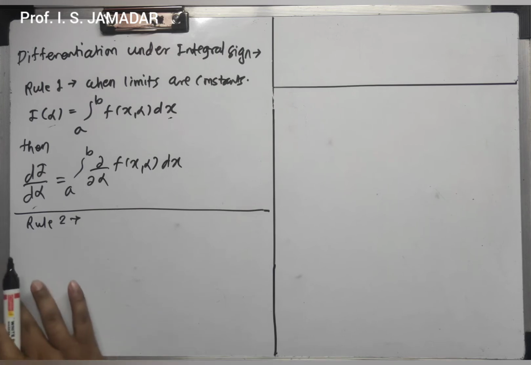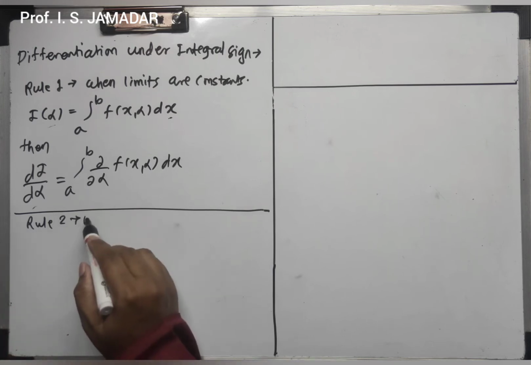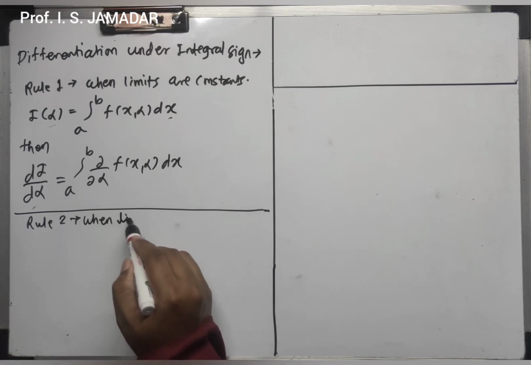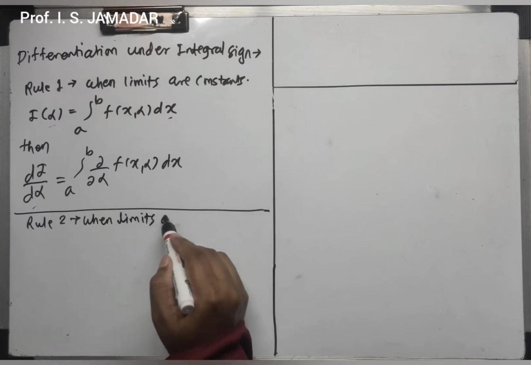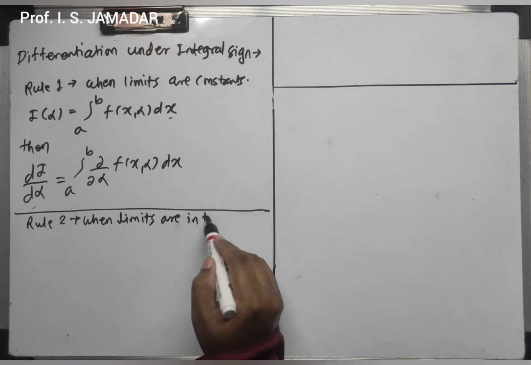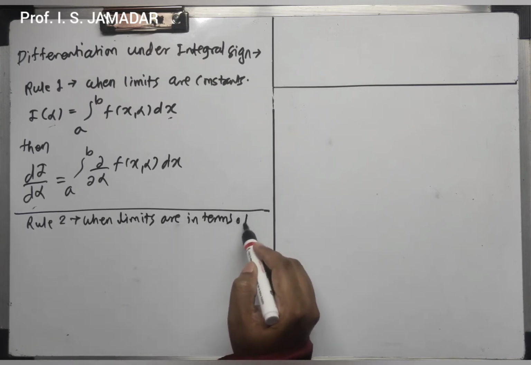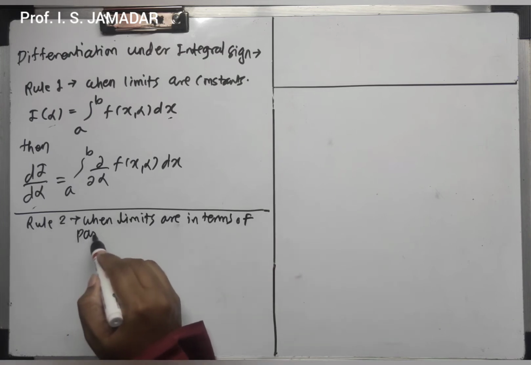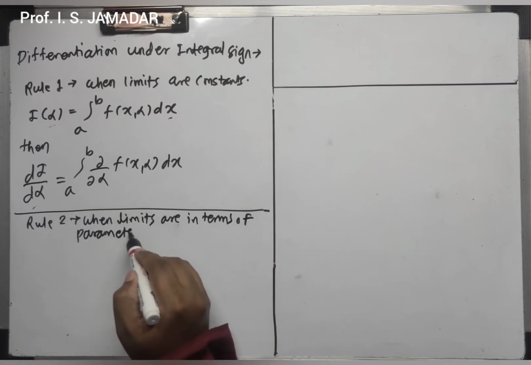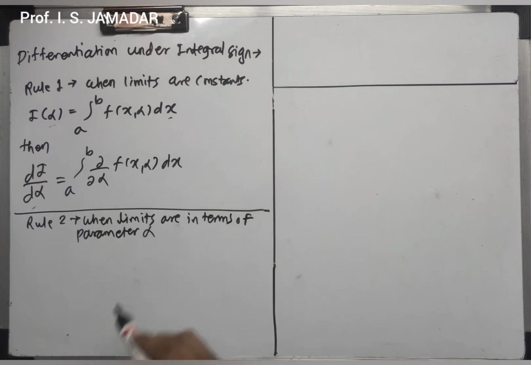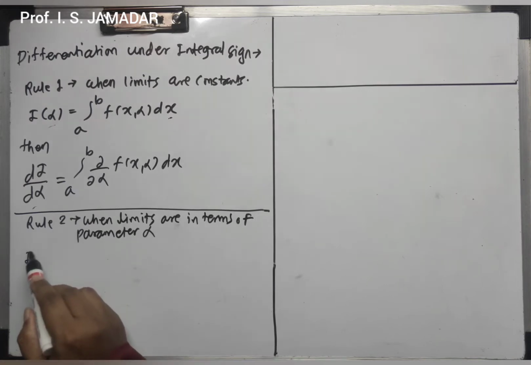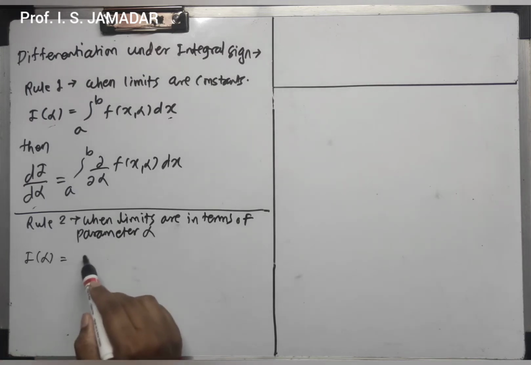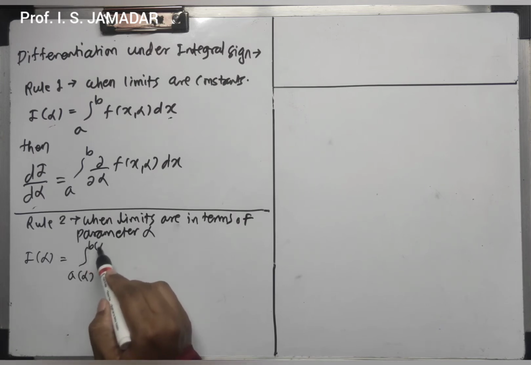Then rule 2. Rule 2 is when limits are in terms of parameter. Limits are in terms of parameter alpha. Suppose again that I of alpha is equal to integration a of alpha to b of alpha.